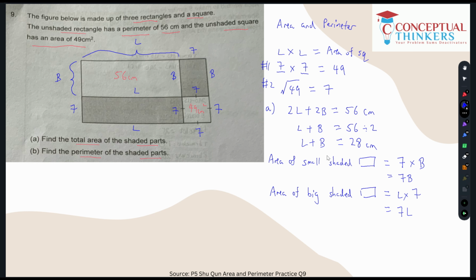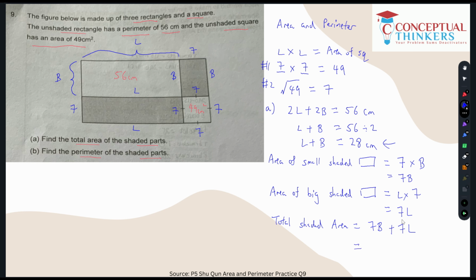Now, you do notice that to get to the total shaded area, I need to add the small shaded rectangle plus the large shaded rectangle. So this will give me 7B plus 7L. Then I do know that 1 length plus 1 breadth will give me 28.